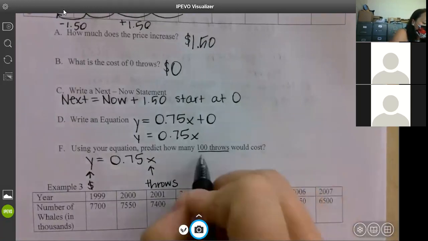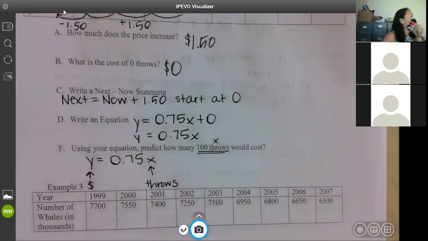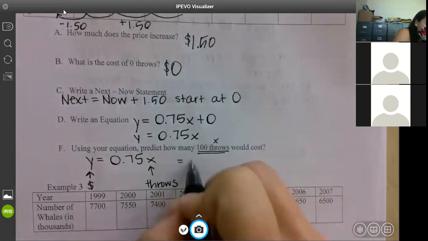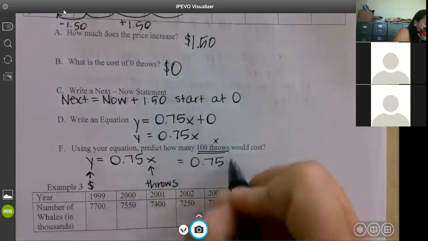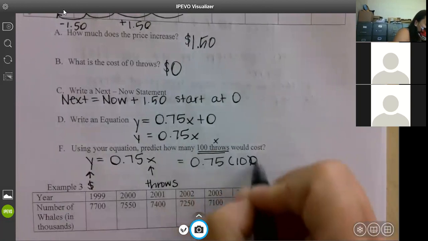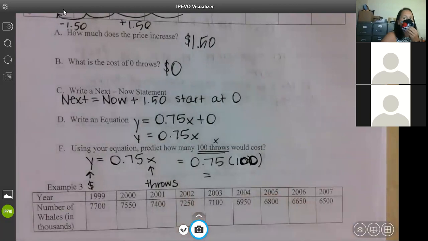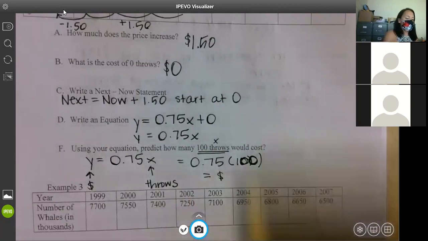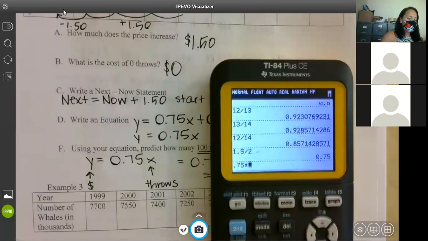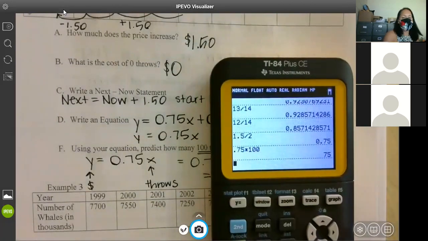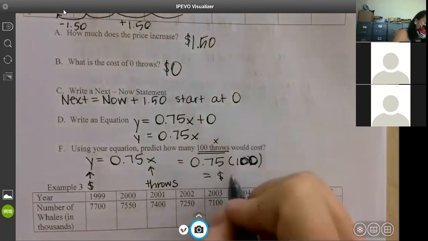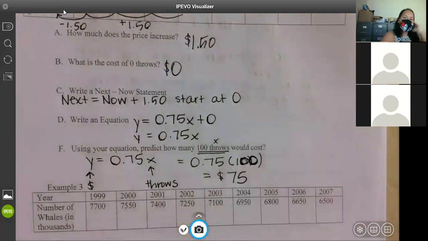It's 100 throws, so we put it in for x. 0.75 times 100. How much would you pay for 100 throws? 75 cents times 100. What do we get? 75. It's okay. So you would pay $75 to throw 100 times.